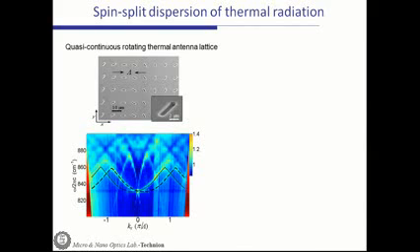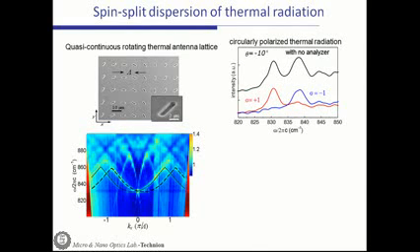Then we fabricated the inversion asymmetry lattice, as you can see here, and we measured the thermal dispersion relation. And as you can see here, we measured a splitting of the slow mode. In order to understand it, we measured the spectral intensity for a specific observation angle passed through circular polarized filters, and we observed one peak for sigma minus and the second one for sigma plus.